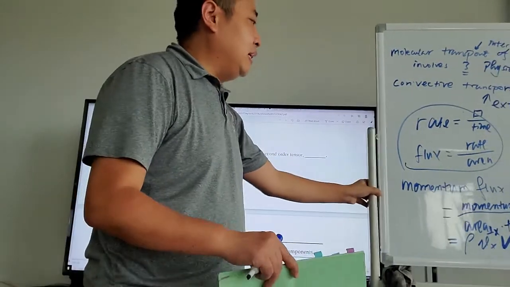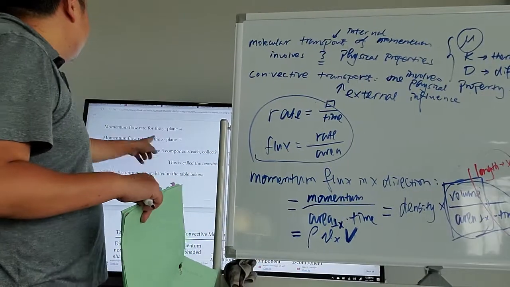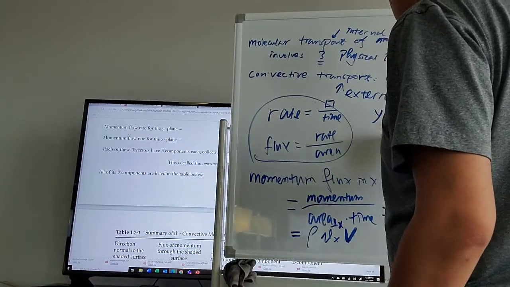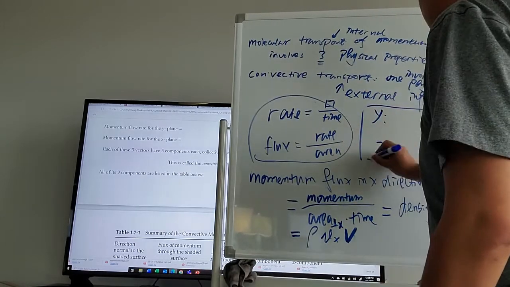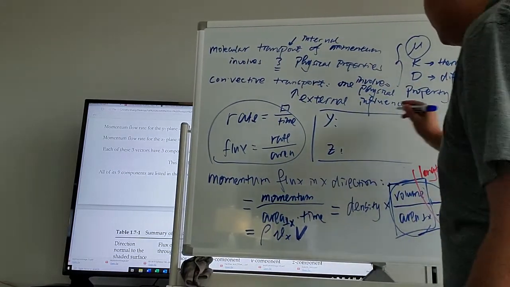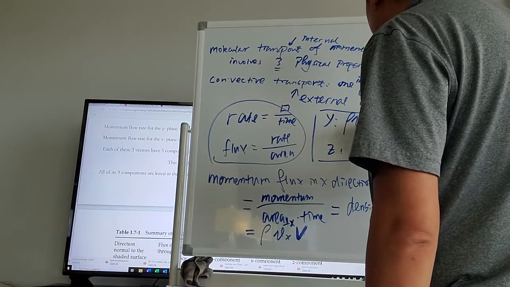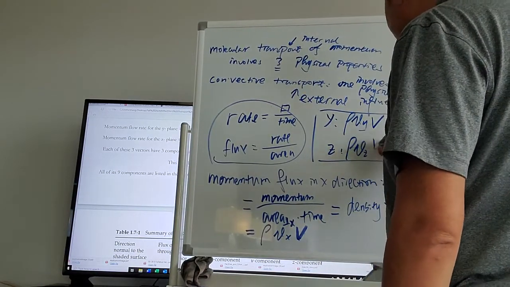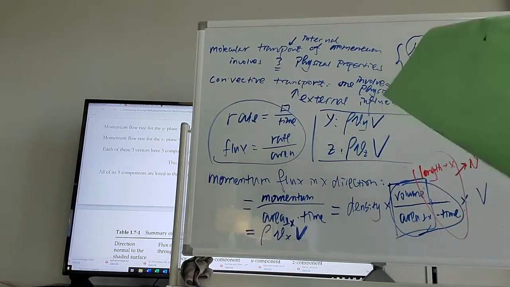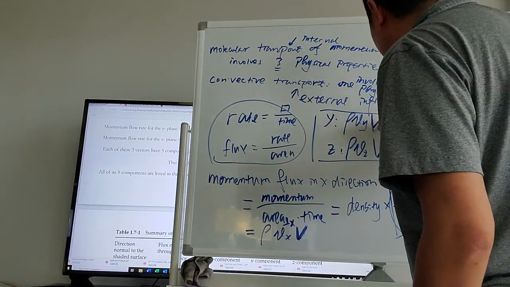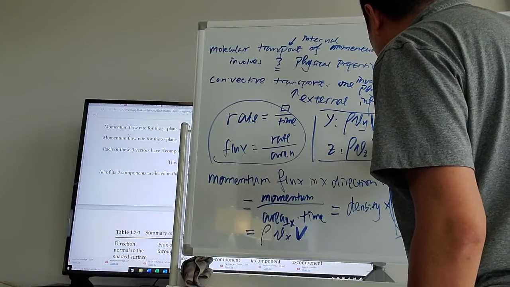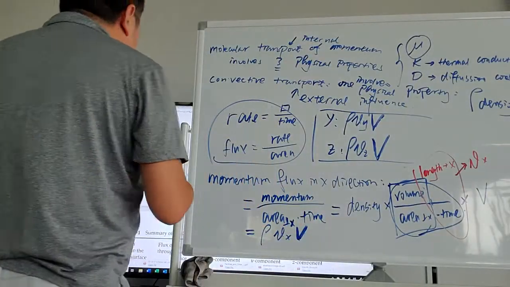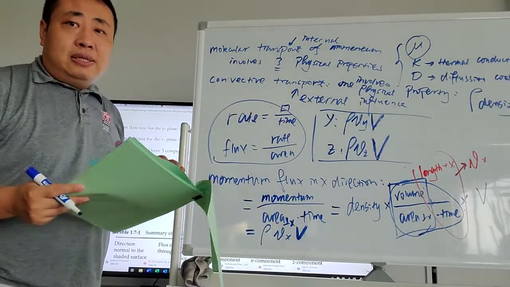So similarly, we can get the momentum flow rate for the y plane: rho Vy V, and for z, rho Vz V. Again, for the V here, remember it's a vector, so use both face.